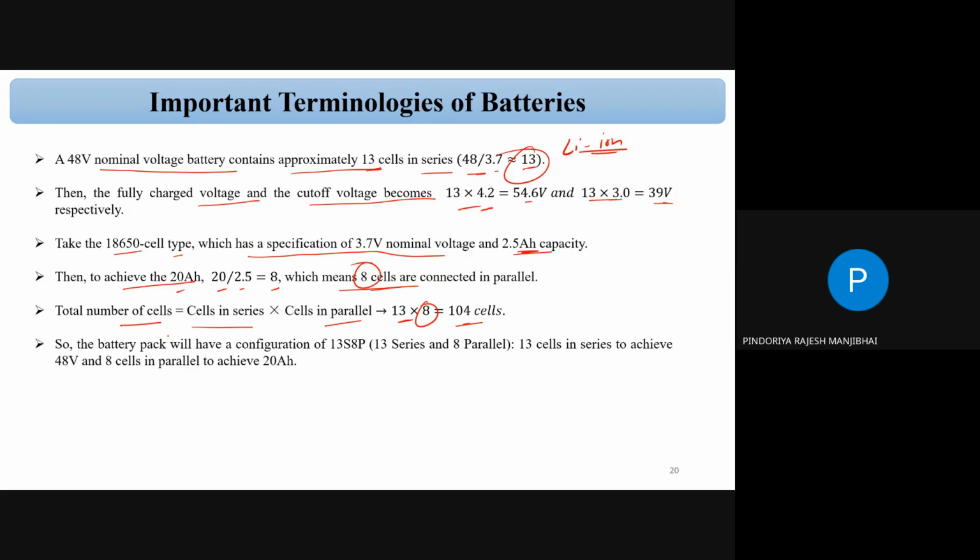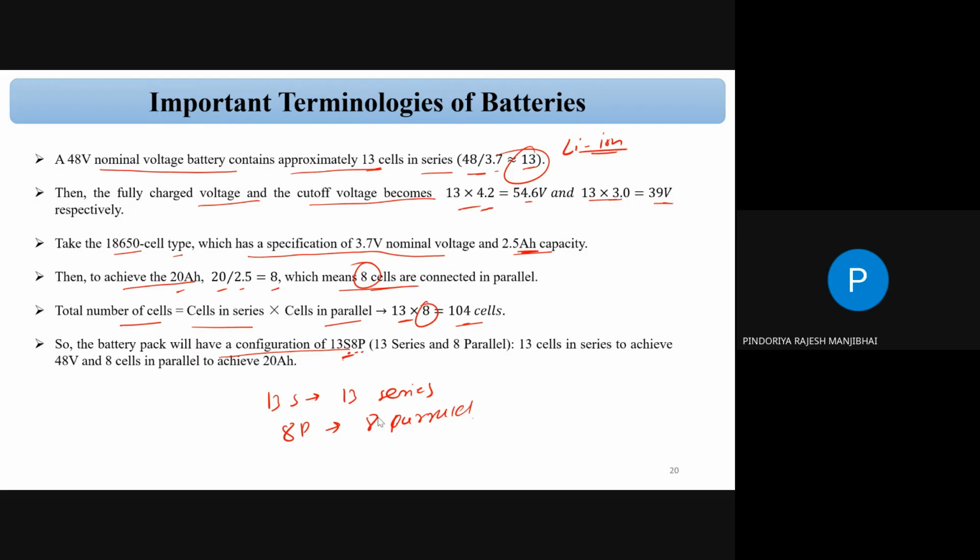The battery pack will have the configuration 13S8P, suppose it is written on the nameplate. 13S means 13 cells in series, and 8P means 8 cells in parallel. Correct? So this is the meaning of the battery configuration.